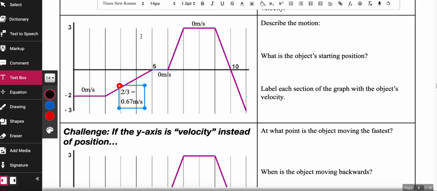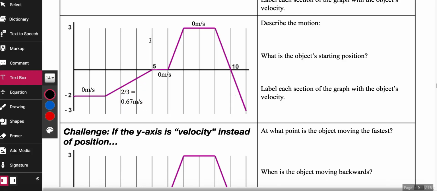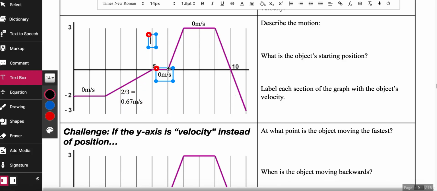Okay. Then this next sloped line, I go from 0 to 3, so I have a rise of 3 divided by 1. So I have a velocity of 3 meters per second.